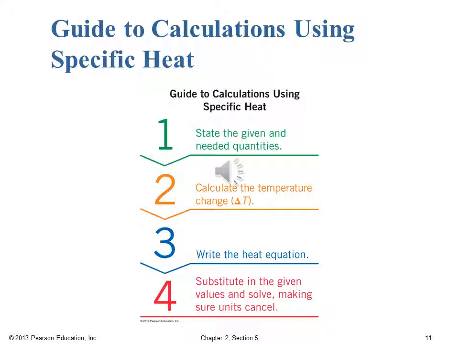Finally, we'll write the heat equation, and then in number 4, our final step here, we'll substitute in the given values and solve, making sure units cancel to give the final correct units. For instance, if we're looking for heat in joules, we want to make sure that we have specific heat in joules per gram degree Celsius, or if we want final heat in calories, then obviously we would want the calorie per gram degree Celsius form.